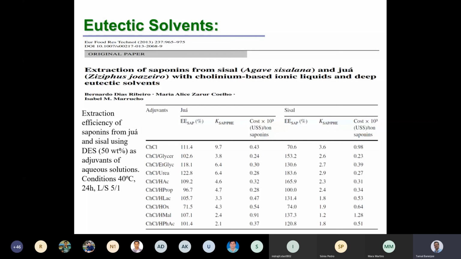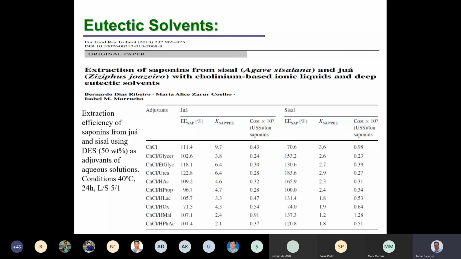For this, extraction efficiency can be higher than 100% because it's a comparison with water. So water is 100%. Then we can easily see what is better.